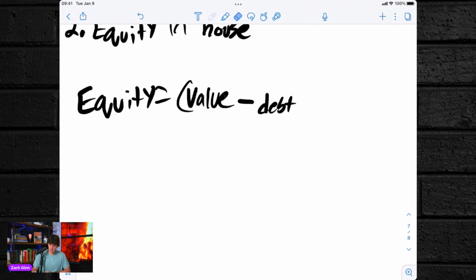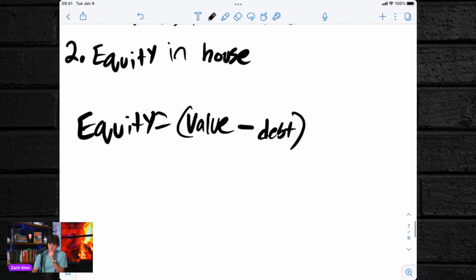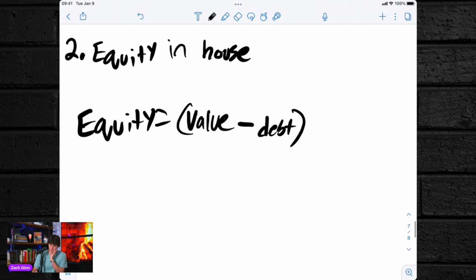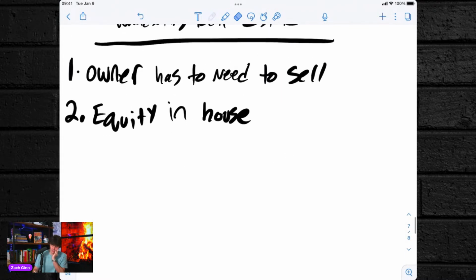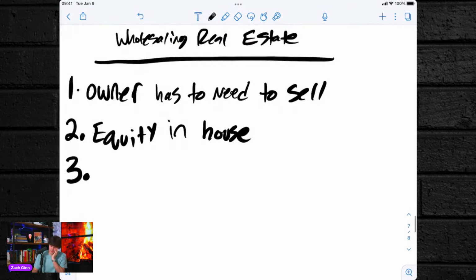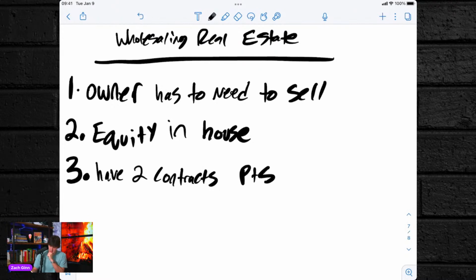And when real estate goes up, usually that's not a problem. But there's a lot of places right now where that's not the case, right? So for wholesaling to happen, there has to be some equity in the home. And then really number three, this is very, very simple. It's not really complicated, but you need to have two contracts, right? You have the purchase and sale, which is basically me agreeing to buy the house.